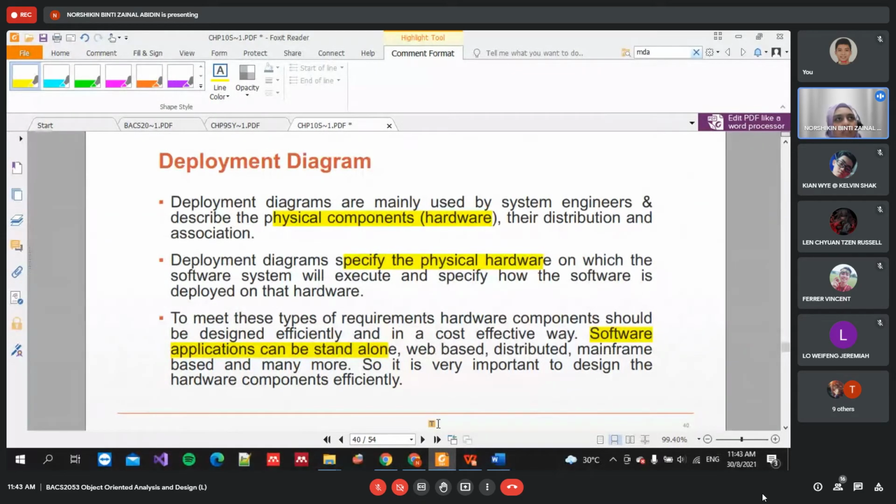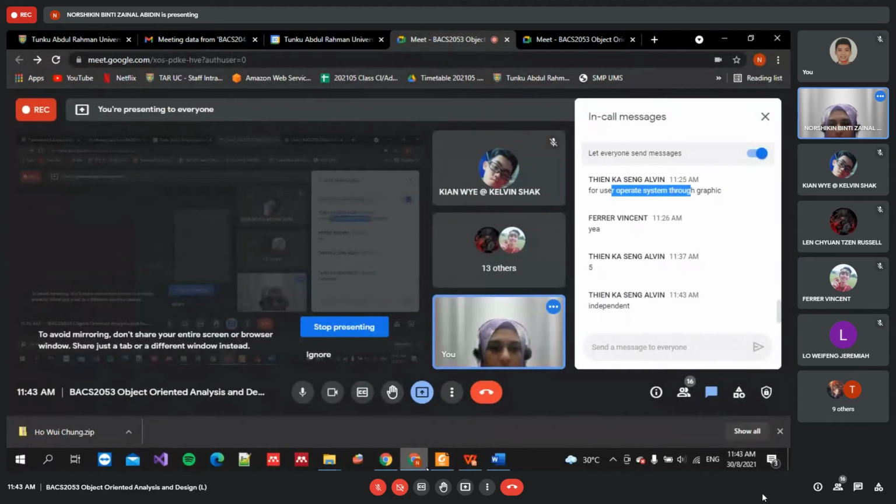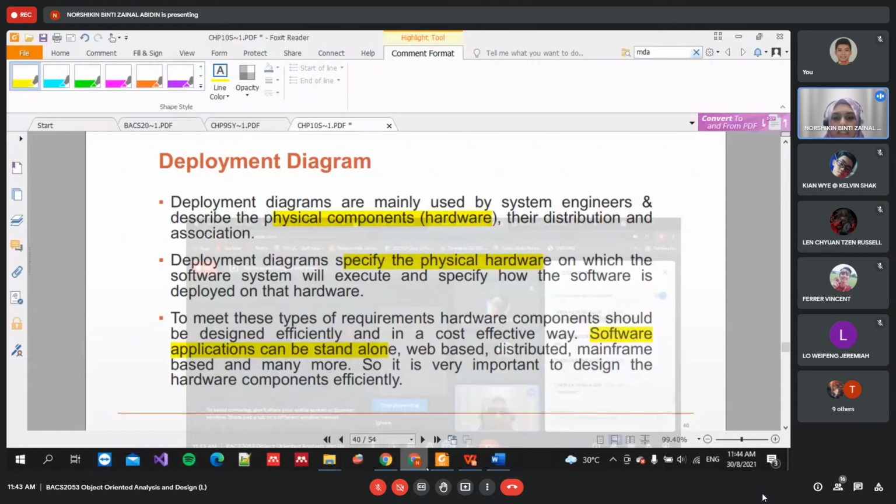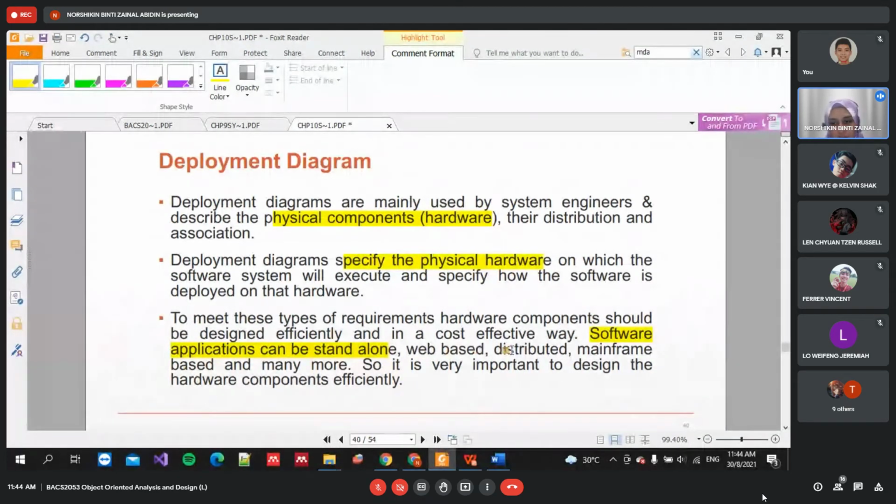I won't say it doesn't need plug-ins, because sometimes a plug-in is necessary to complete the system. However, it can perform its own function without the support of other systems. So it is independent. Web-based, I think you know, distributed, mainframe-based, and many more.